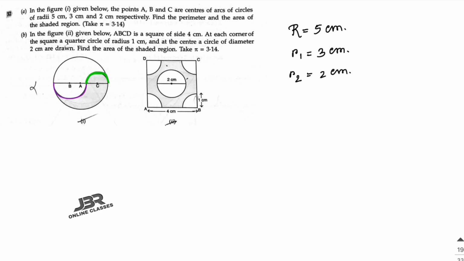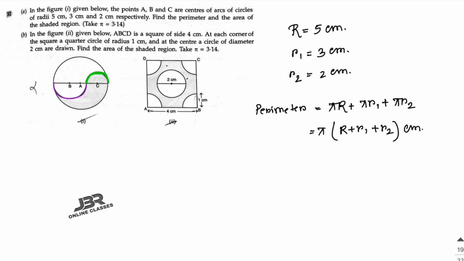So here the first answer, the perimeter. So perimeter equals pi R as semicircle. So pi R is the circumference of the bigger one, the next one pi r1 and third one pi r2. So here pi will be common, then capital R plus small r1 plus small r2 centimeter.